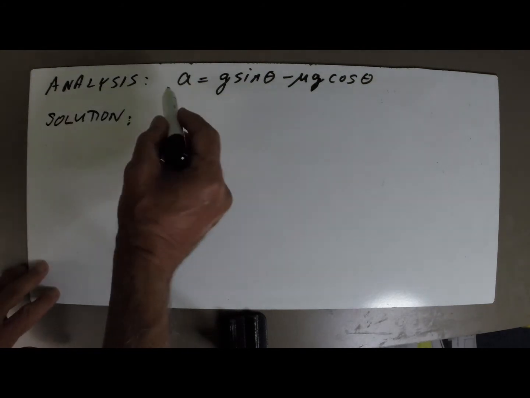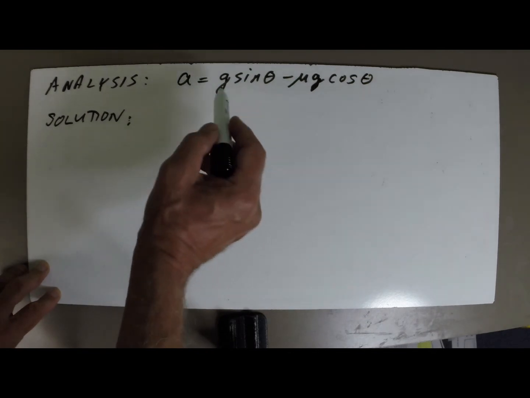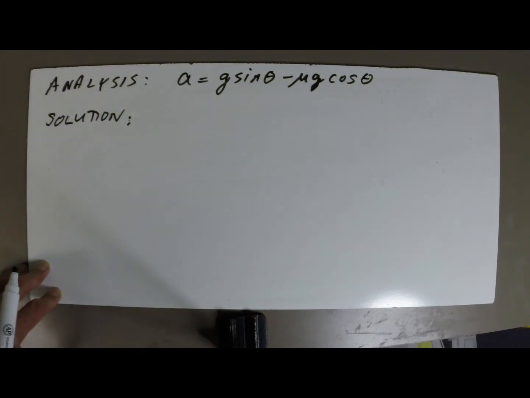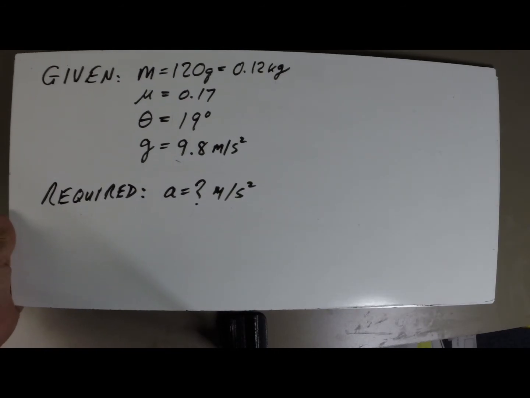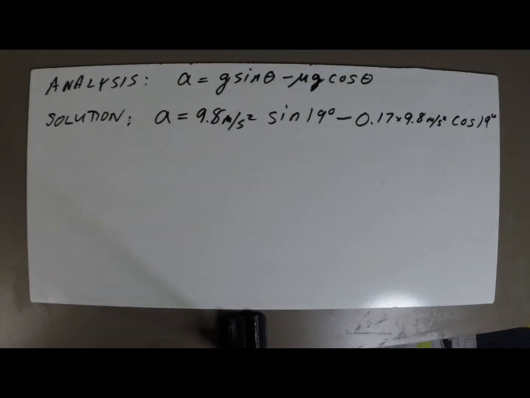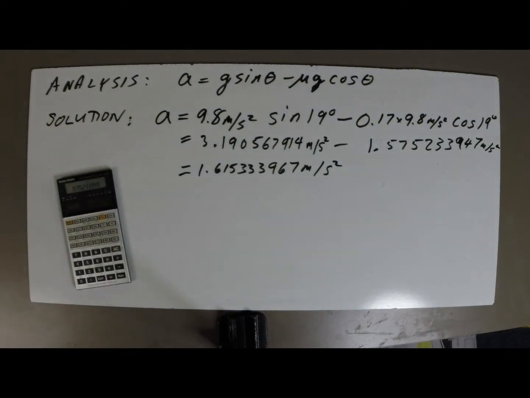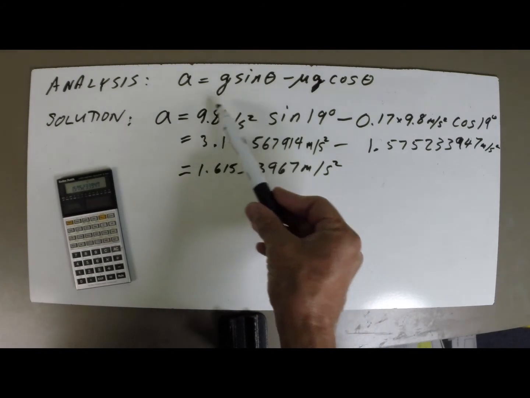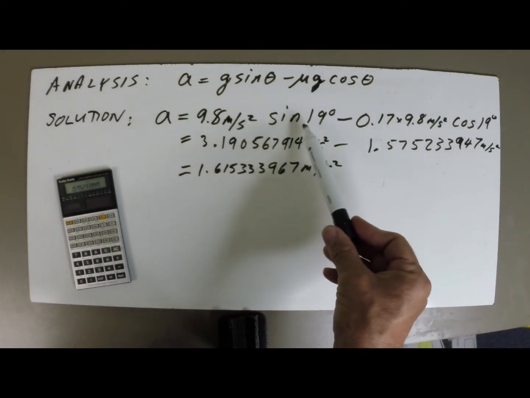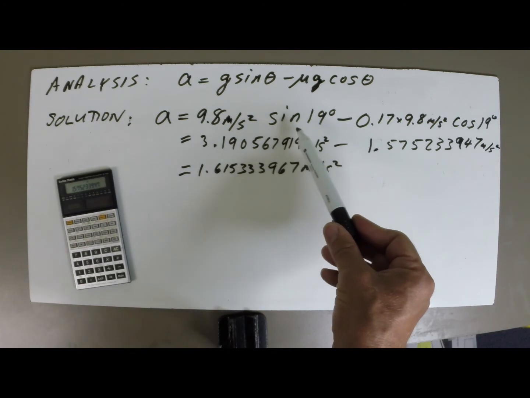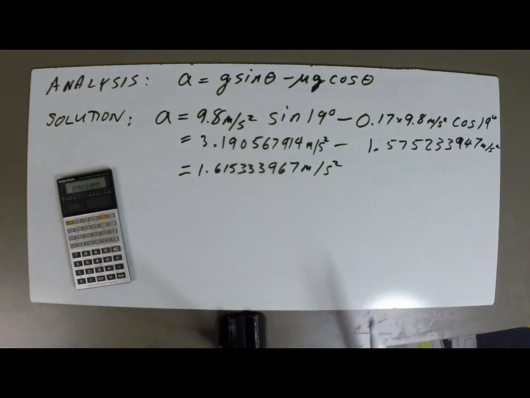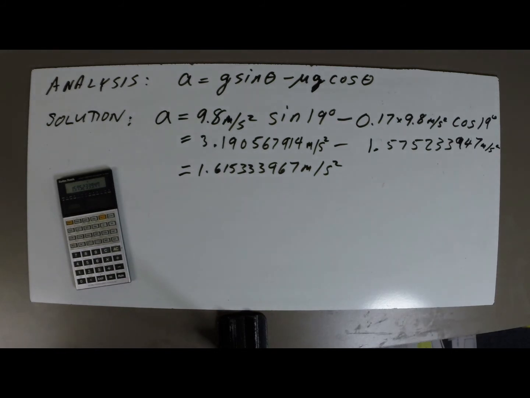Now that we have a formula for our required piece of information in terms of the given information, we're going to rewrite that using the numbers and symbols that we were given in the problem. Getting out the calculator, we can now put the numbers in and calculate the answer. The combination g sine theta is the x component of gravity, and it comes out to approximately 3.19 meters per second squared.